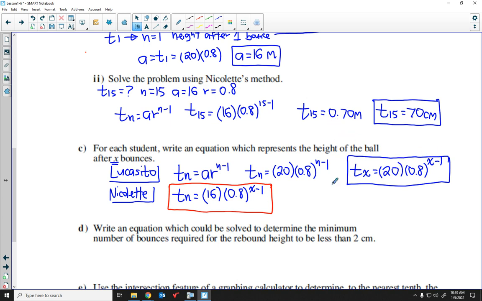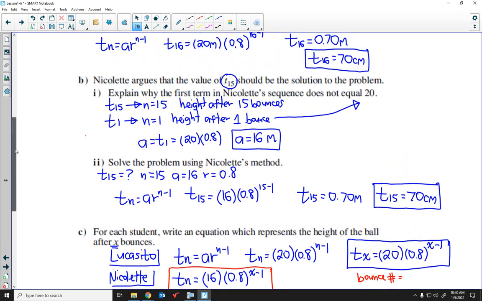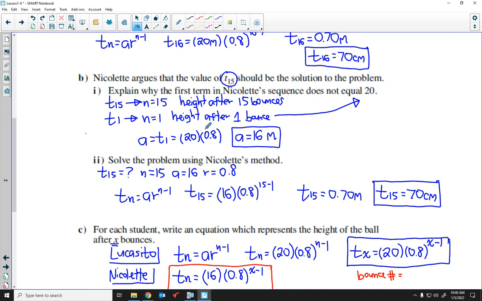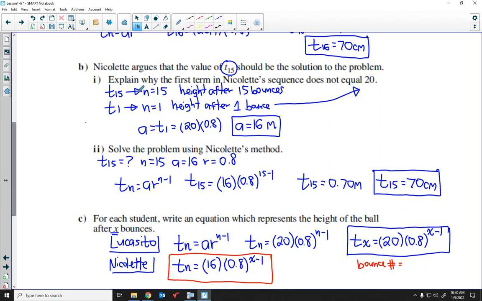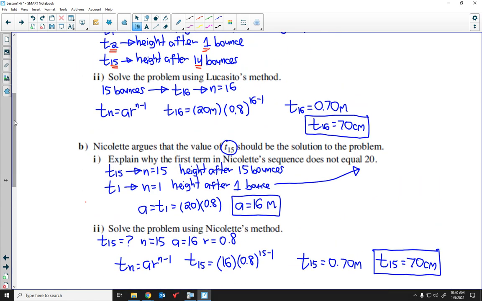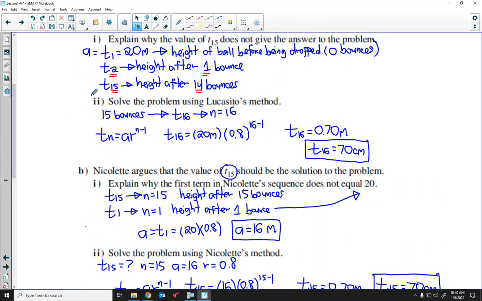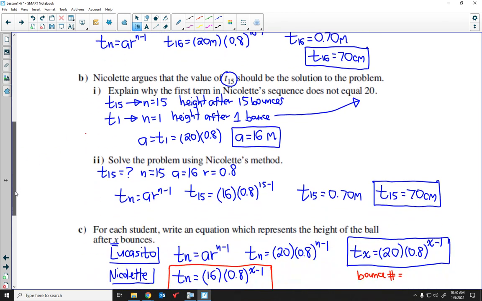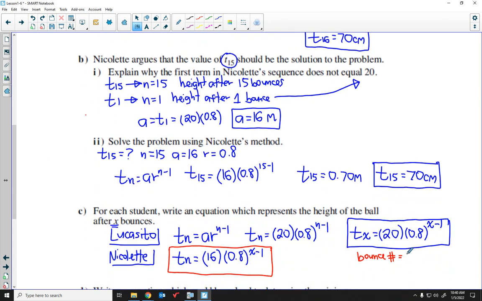Okay, so you have to remember again that for Lucacito's, the bounce number is actually, if we go back up here again, the bounce number is always one less than the term number. So the bounce number would actually be n minus 1. So x is n minus 1.